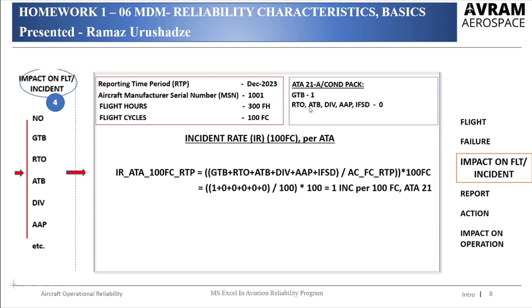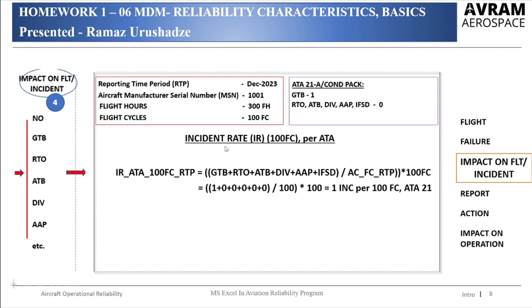Rejected takeoff, air turn back, diversions, aborted approach, in-flight shutdowns, etc. — etc. means your business and operational models, requirements, aviation authorities requirements, etc. — equals 0. So for system 8821, we have only one incident in December 2023, ground turn back.